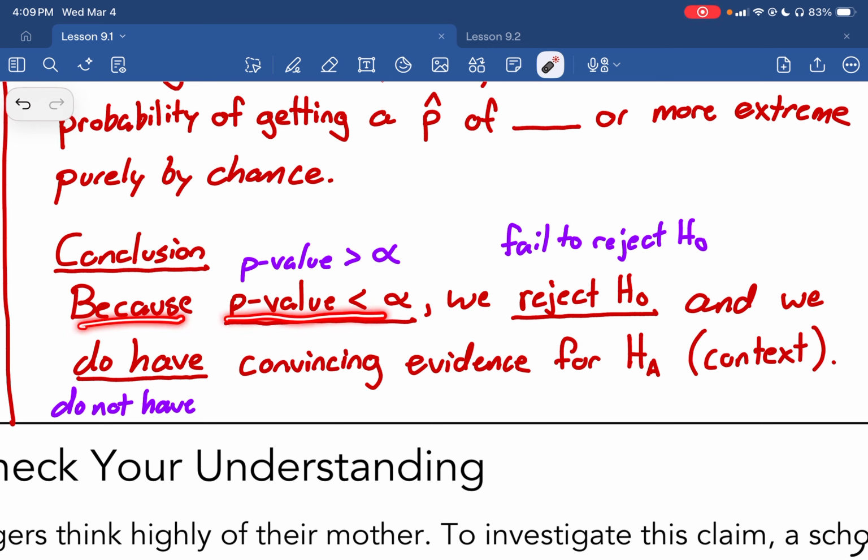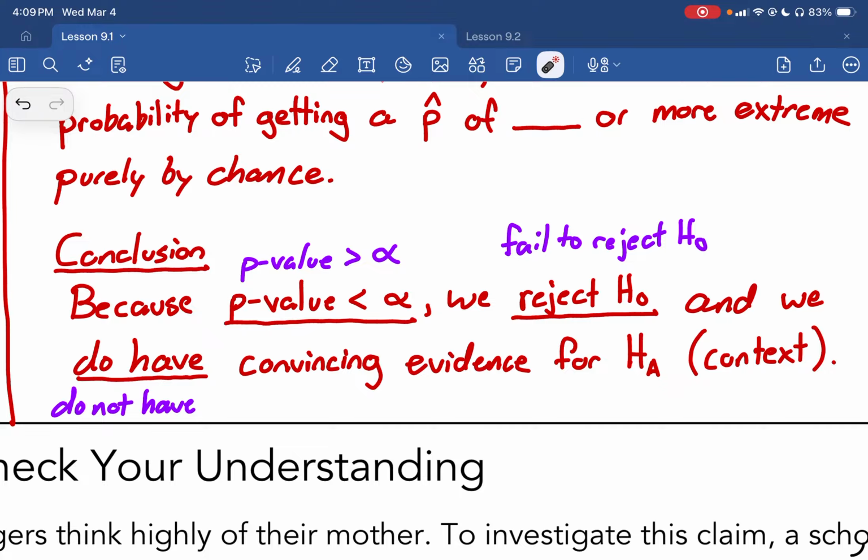Because our p-value is less than alpha, we'll talk more about alpha as we get into things, we reject the null hypothesis, and we do have convincing evidence for the alternative hypothesis. You have to fill in the context. You can't just say evidence for null or for alternative hypothesis. You have to fill in with the context.